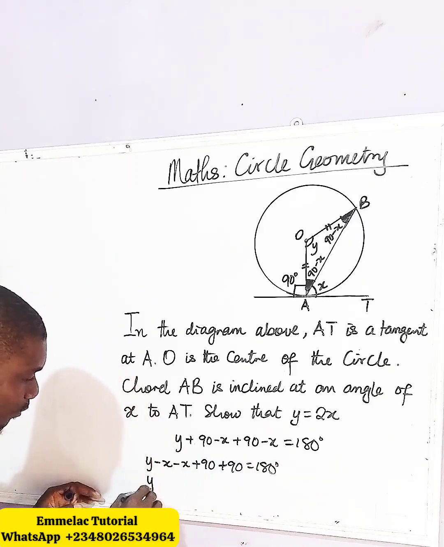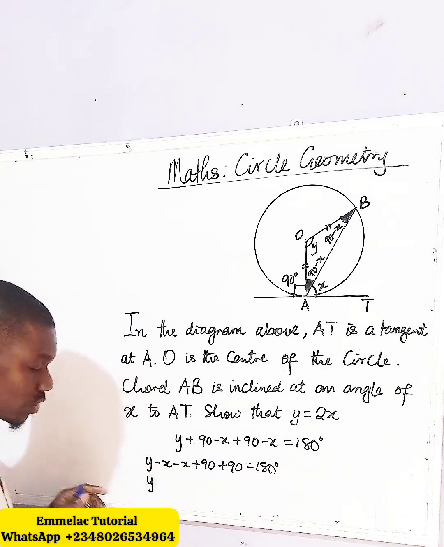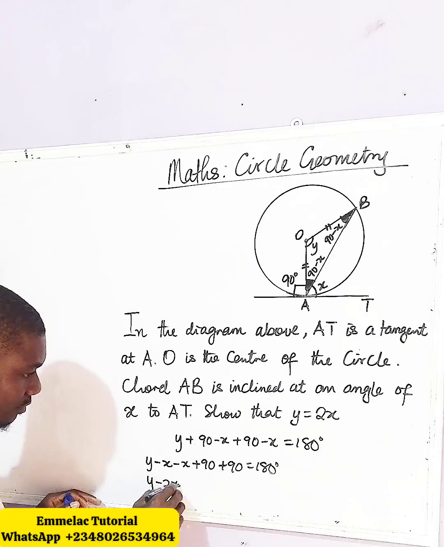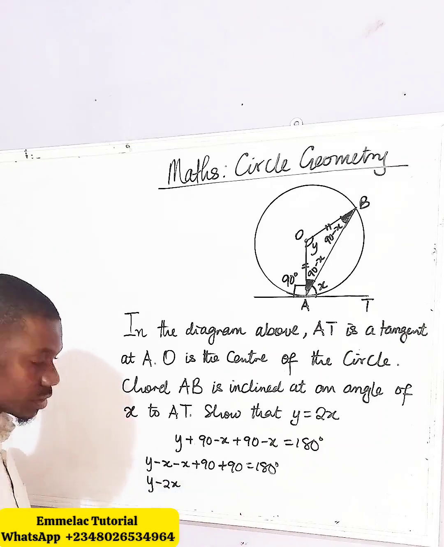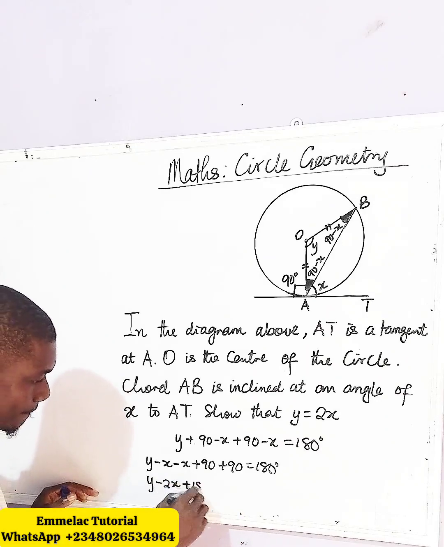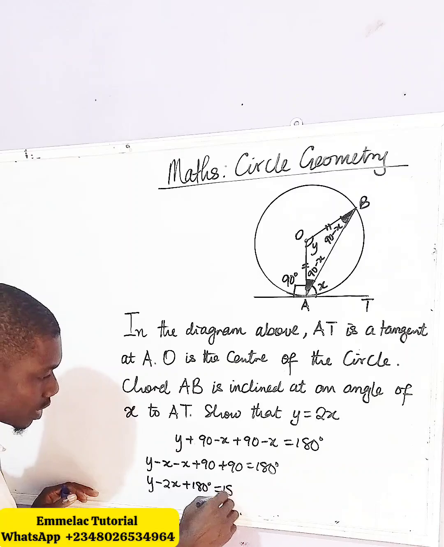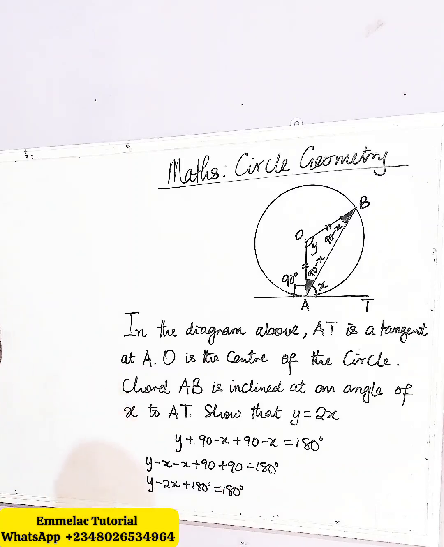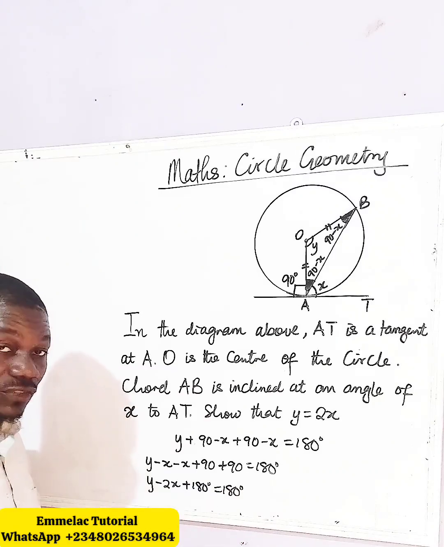Then y, minus x minus x, gives us minus 2x. Then 90 plus 90 gives us 180, which equals 180. At this point, let us subtract 180 from both sides.